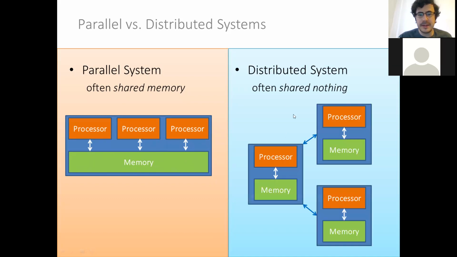Whereas a distributed system will often be referred to as shared nothing. They don't share anything. They have their independent machines that have some way to communicate between themselves. So this is what we mean by a distributed system: a shared nothing system.